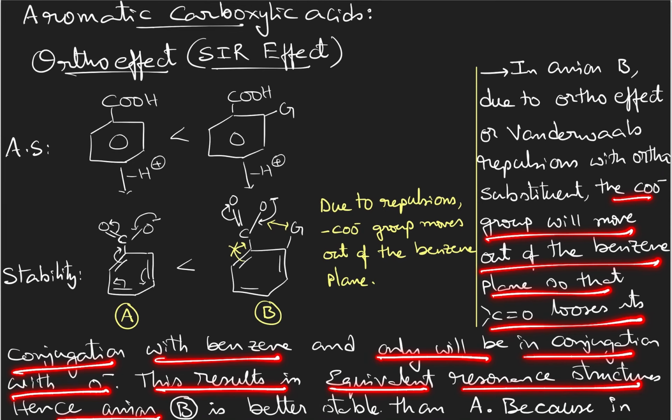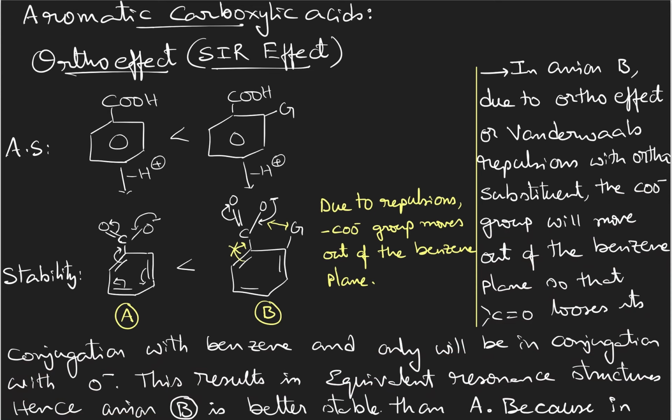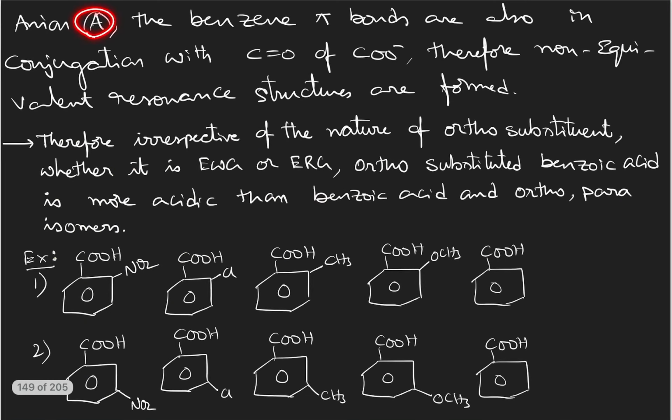Hence, anion B is better stable than anion A. So I can say here confidently that anion B is better stable than anion A. And in anion A, the benzene pi bonds are also in conjugation with C double bond O of COO minus. Therefore, non-equivalent resonance structures are formed. This explanation I have already given.